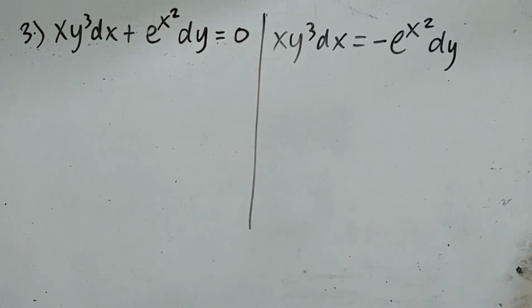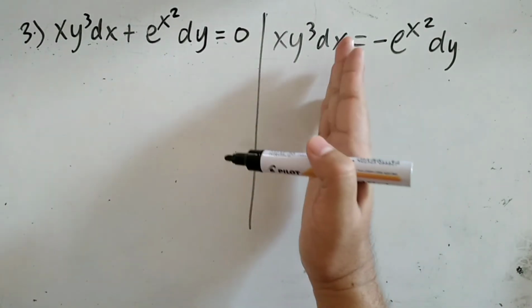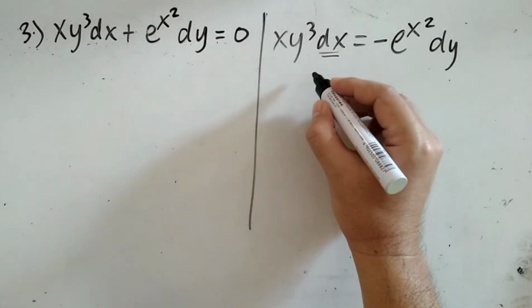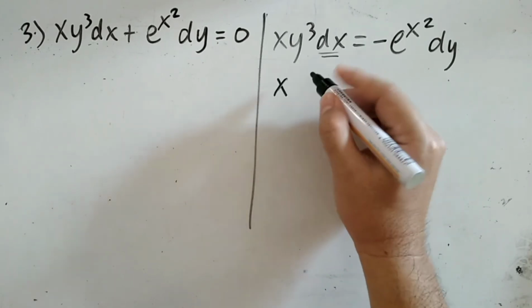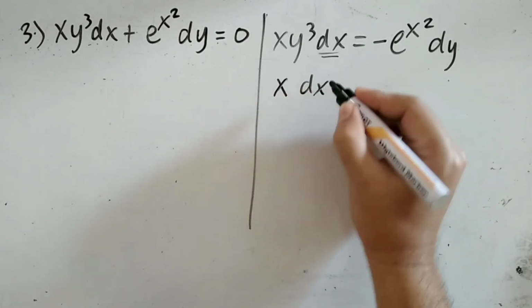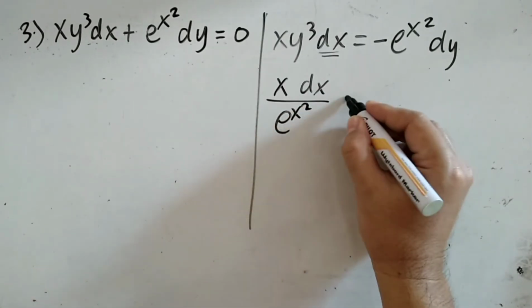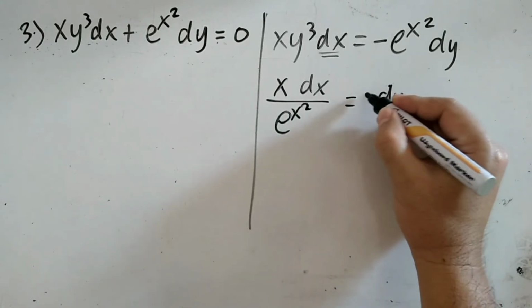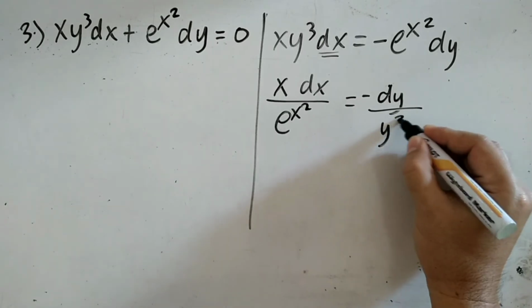Then we transpose all the x to be on the left side because we have our dx here. So we have x dx over e to the x squared equals, we have our dy here, our negative sign, and we transpose y cubed here.